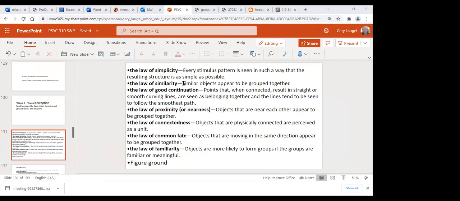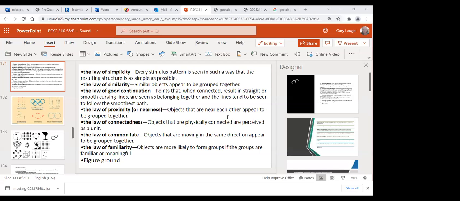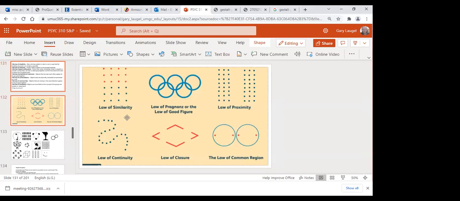And then the law of similarity: similar objects appear to be grouped together. The law of good continuation. In other words, we tend to see things in a reasonable flow pattern. Here are some nice examples of these Gestalt principles.